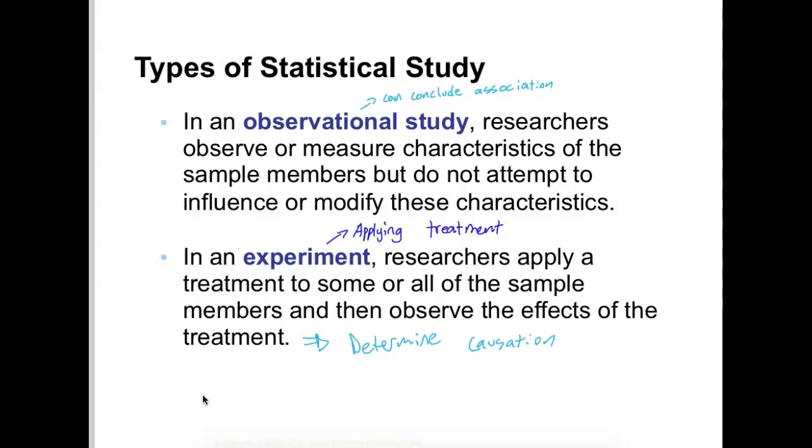Because in a controlled experiment, you take a sample and you decide, this group I'm going to give my treatment and this group I'm not. So that would be like taking a sample of people and forcing them to be religious for their entire life. Taking a sample of people, forcing them to be atheists their entire life. Keeping everything the same other than that. So what other things would I try and keep the same?